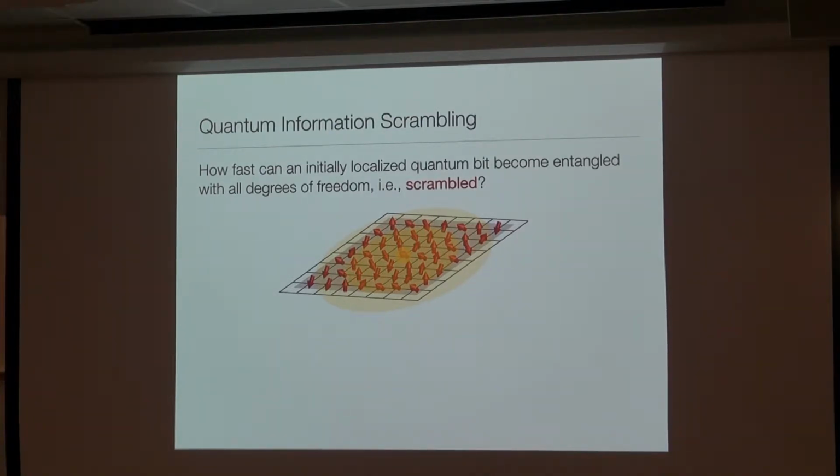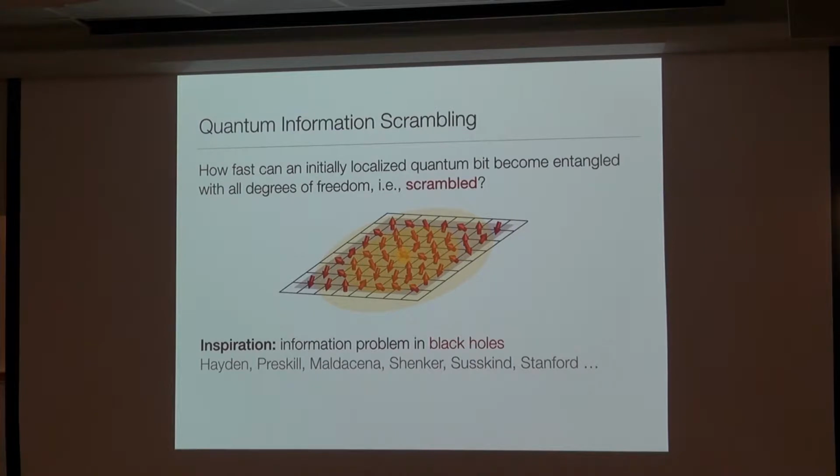The inspiration for asking this question, which is called scrambling, originally comes from thinking about what happens to quantum information in black holes. Now, I'm not an expert in black holes, so I prefer to think about qubits. But there's an inspiration coming from thinking about black holes.